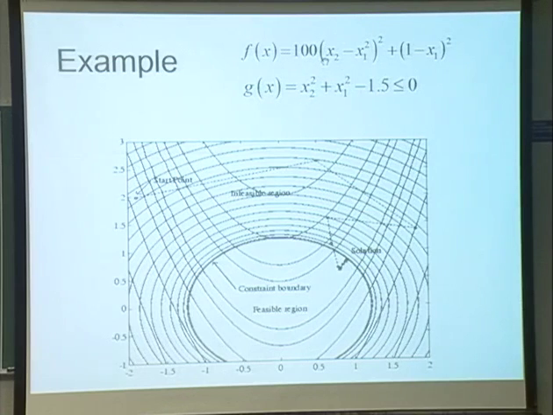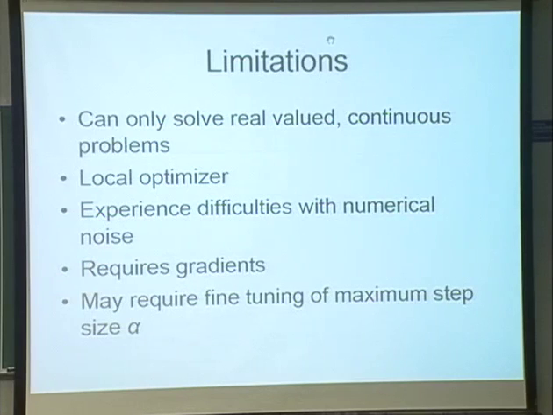And this is the Rosenbrock function with an added constraint. So some limitations of the SQP algorithm. It is only suited towards real valued continuous problems, and it's a local optimizer.